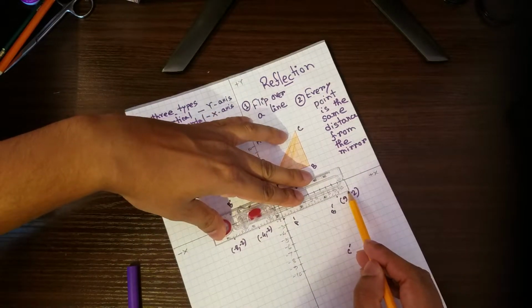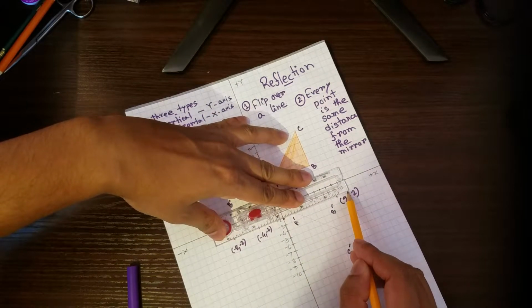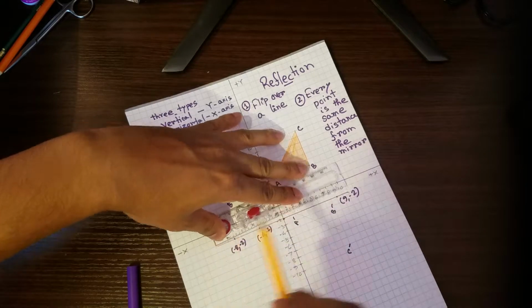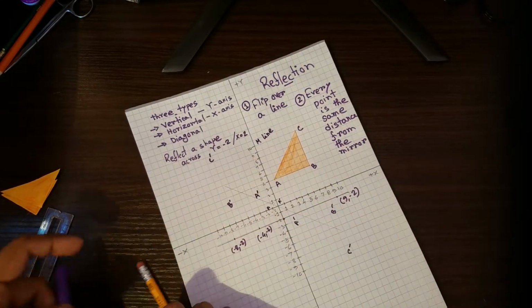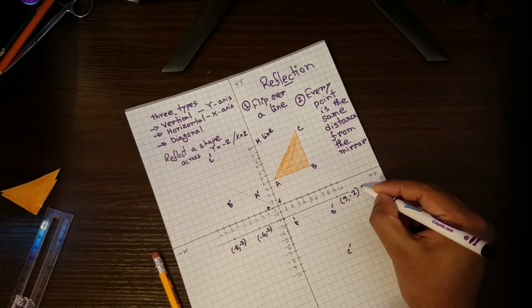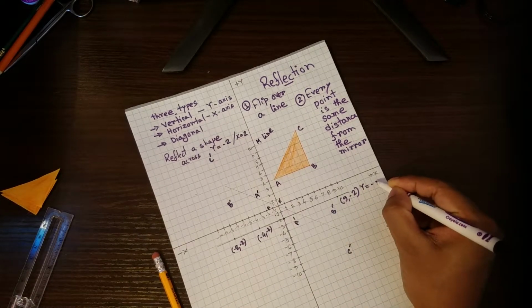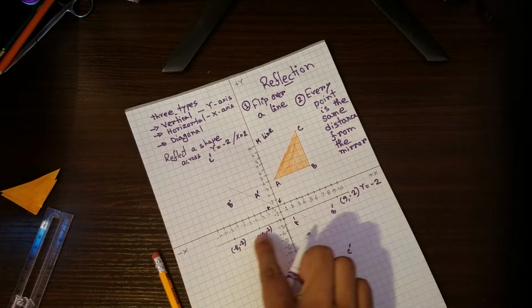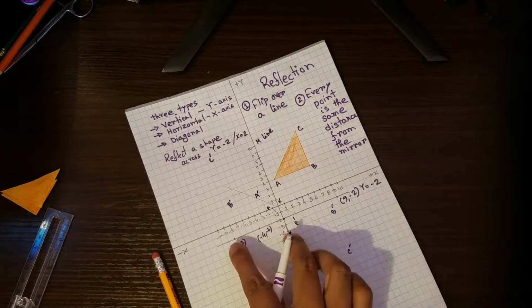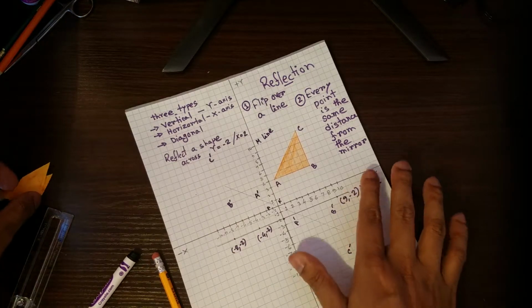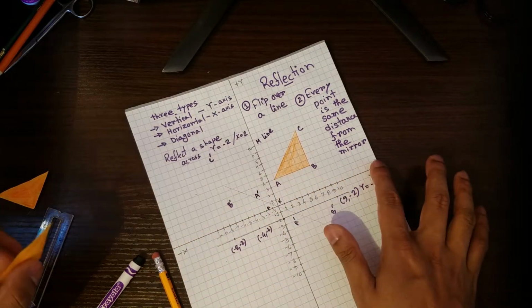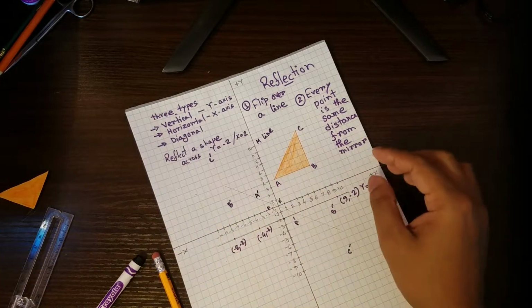So that's your line of reflection. So the reflection will happen across this line, and this line is called y is equal to -2, where the y value doesn't change but the x values are changing. So this time, instead of considering the x axis, you are considering this line for your reflection.